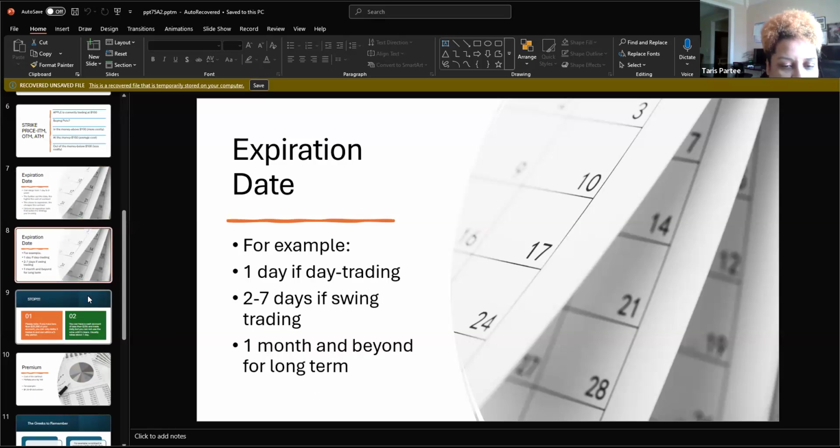Let's go over that. For example, you can choose a 1 day expiration, and those are usually on stocks where all the contracts are going to expire on Fridays. Okay, so let's say you get in an options trade on Friday, and you just want to day trade it. Okay, choose the 1 day expiration.